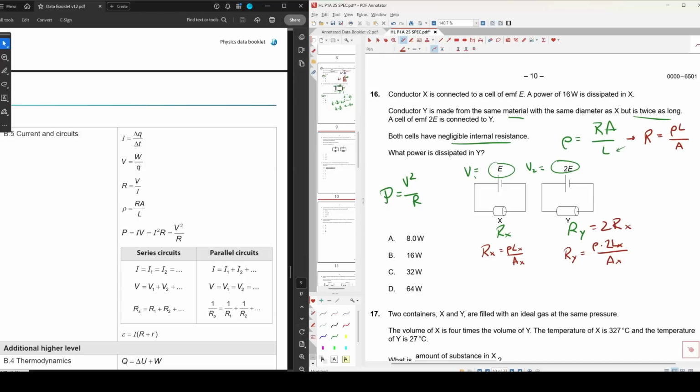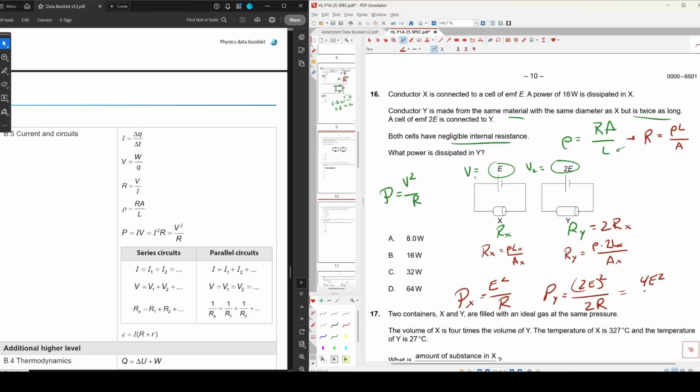Power is V squared over R. So I just want to compare these. The power for X is going to be E squared over, let's just call it R. And for Y, it's going to be (2E) squared over 2R. So be careful, just because they both double, it's not the same because this gets squared.